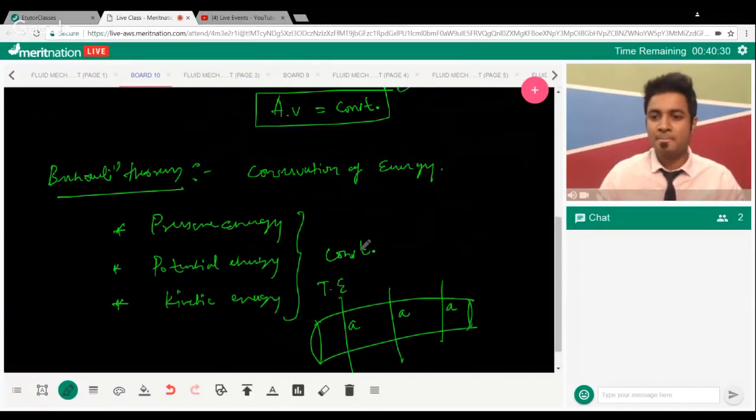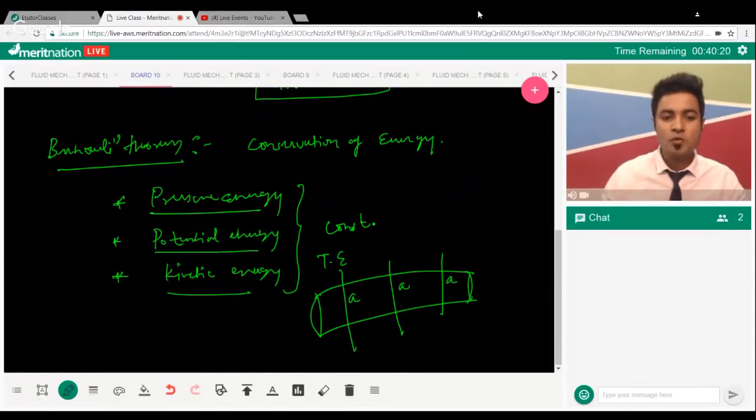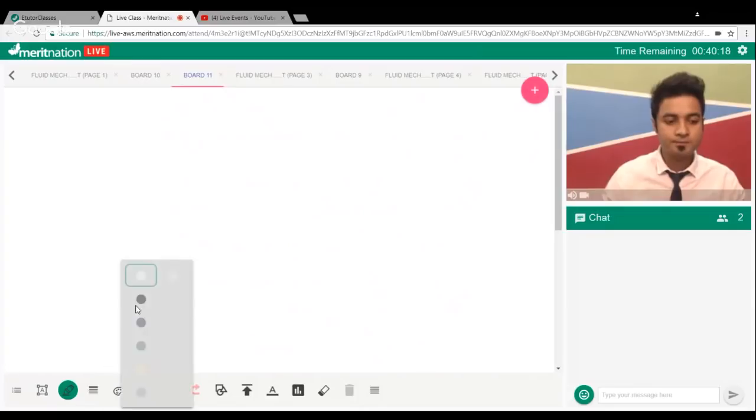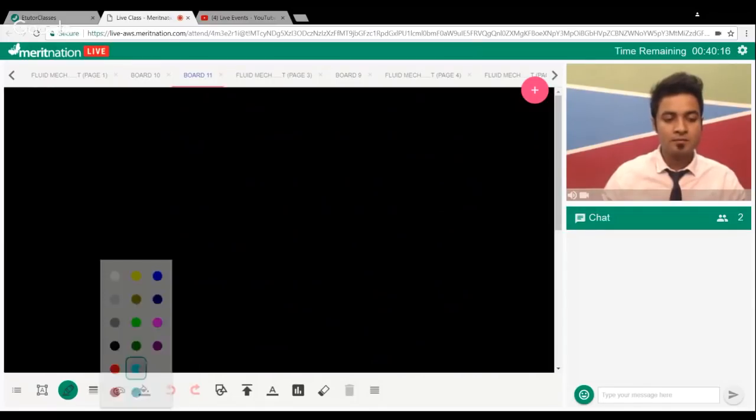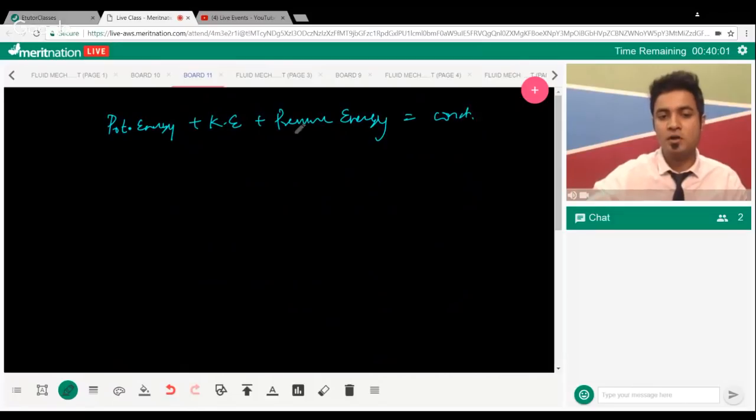So the sum of the total energies, the pressure energy, potential energy, and kinetic energy, has to be constant. Generally, we take the values as energies per unit volume.